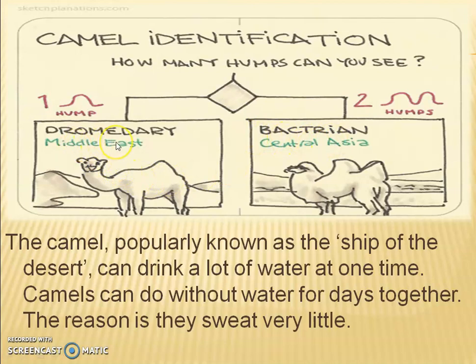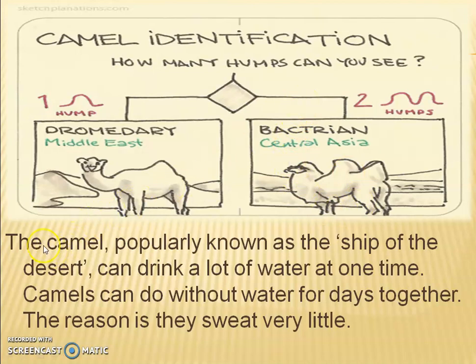The dromedary camels, as you have seen, have only one hump and are available in the Middle East. The other one, the Bactrian, is found in Central Asia. It has two humps, as you can see. Children, this you have studied last year itself in the English subject.